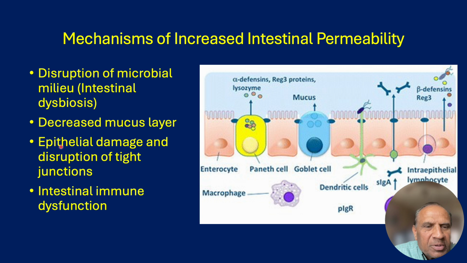The third part is epithelial damage and the disruption of tight junctions. So the intestinal epithelium is somehow damaged, which makes these tight junctions abnormal or opened up. So there is a space between the two cells through which material can go through. And the last one is intestinal immune dysfunction. It means the intestinal wall has macrophages and lymphocytes, and those are not working right. So any of these can cause increased intestinal permeability.